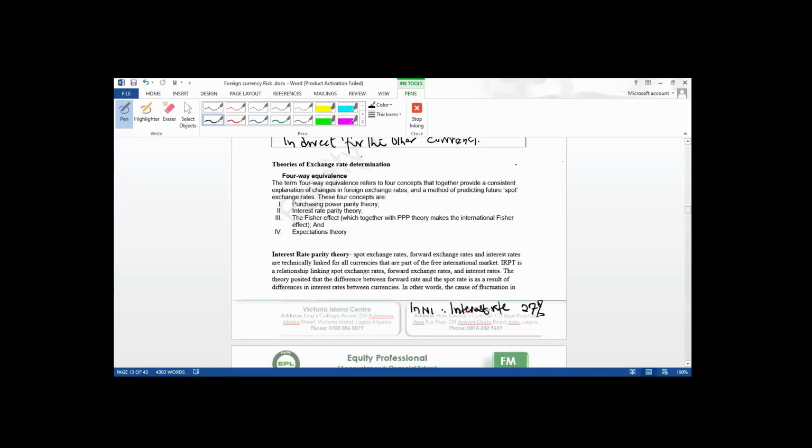Now check interest rates in US. Interest rate in US is 3.75.